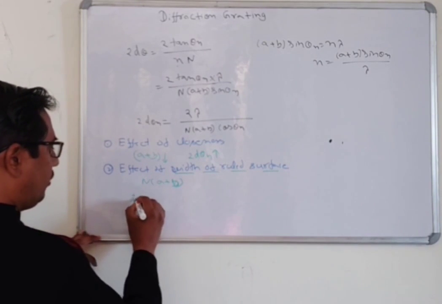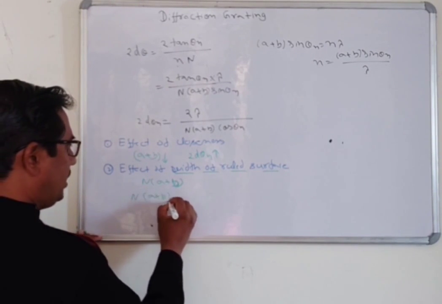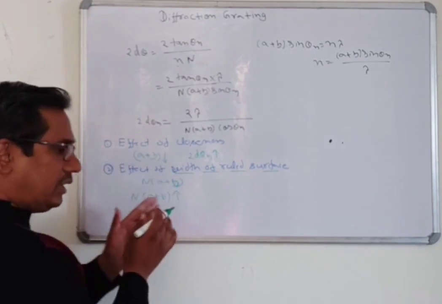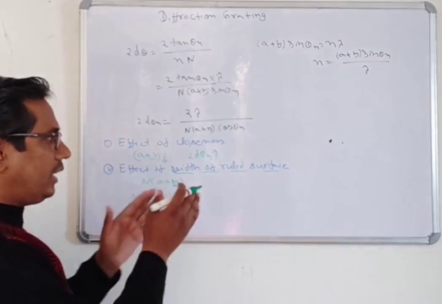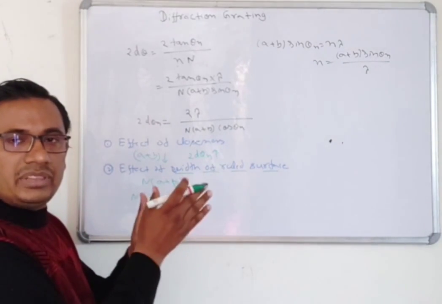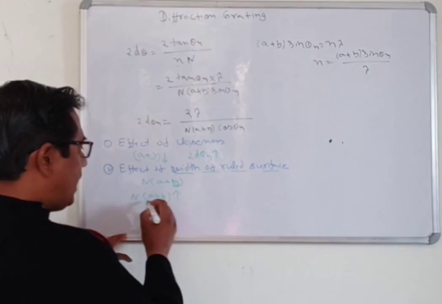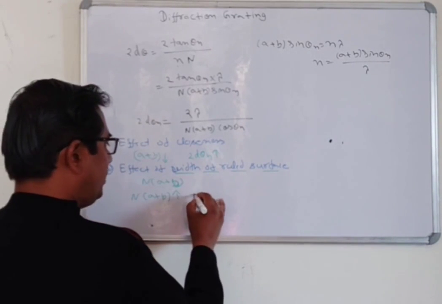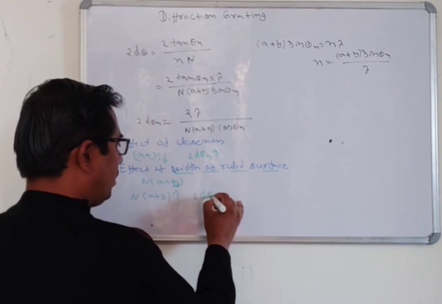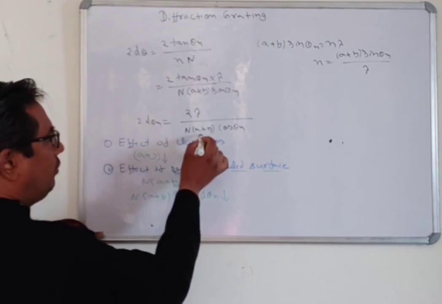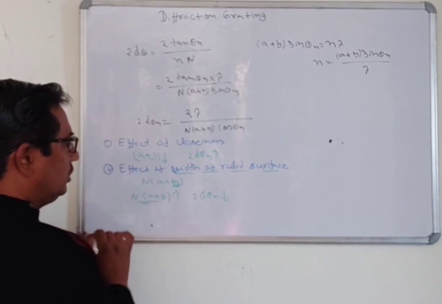It means that when a + b decreases, open and closed portions decrease, so the number of slits will increase. Overall, N(a + b) increases. It means that the angular width will decrease because it is inversely proportional to this value.